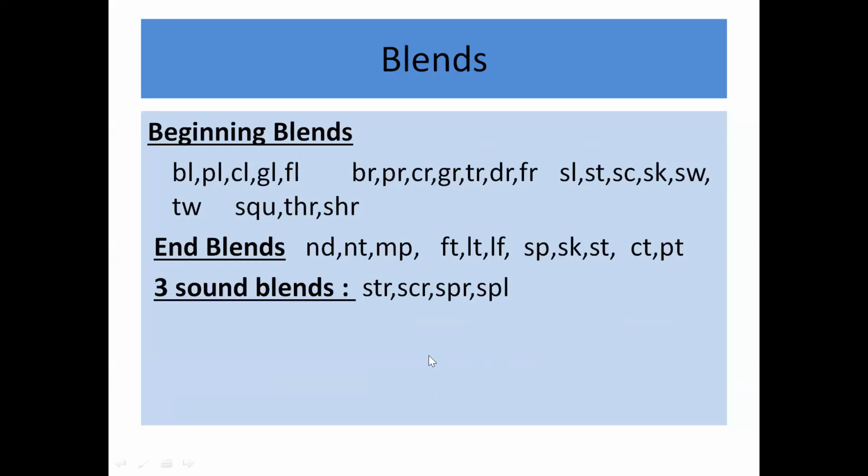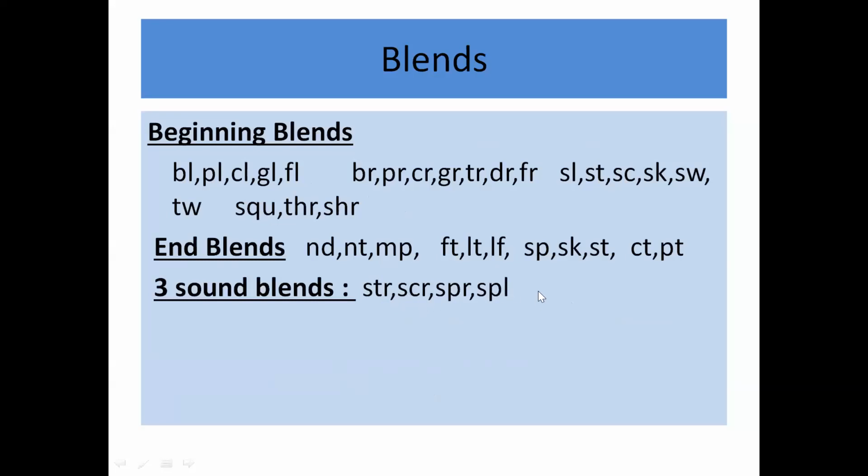This is a listing of the beginning blends that exist in English. They're grouped here according to L blends, R blends, S blends, and you can see this SL could also be put over here, TW, and then these are some of these digraph blends. So these are all the blends that start words in English. These are all the blends that come at the ends of words, and then there are some that have 3 letters in them, okay?